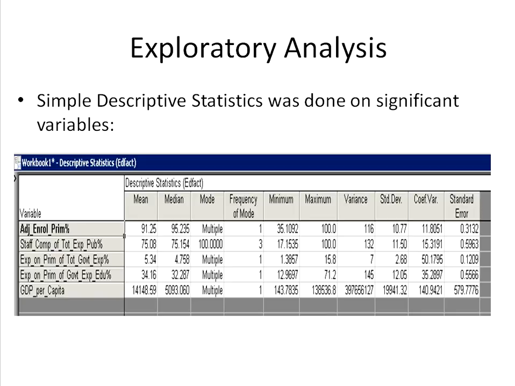All right, and here we have the results of our descriptive statistics on some of the more significant variables. On top here, we have the adjusted enrollment rate for primary school. You can see the mean is 91.25 and the median is 95.235.